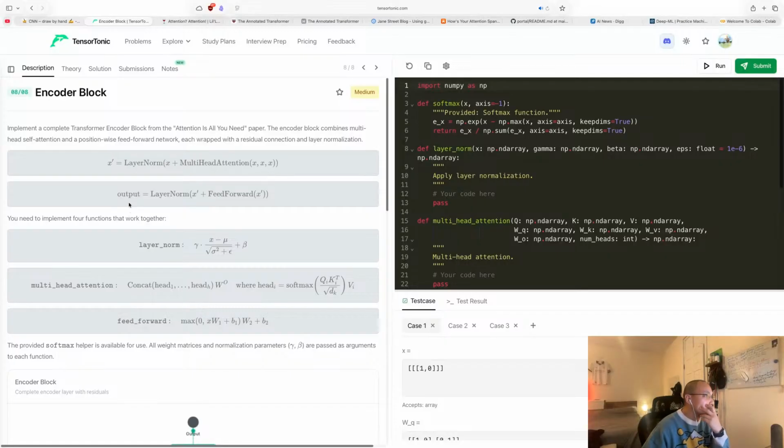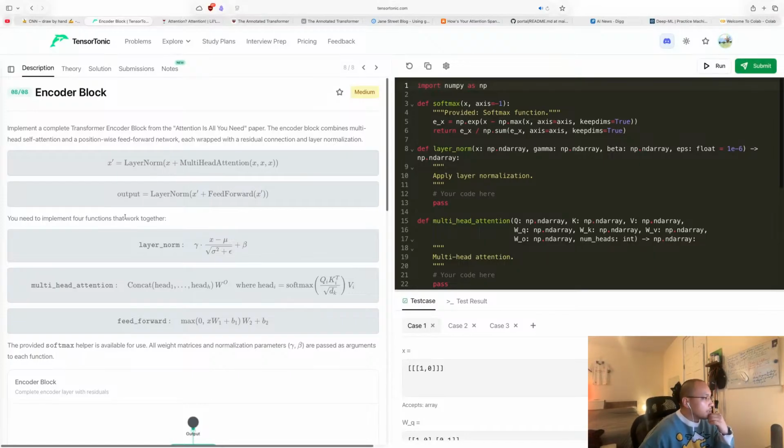Okay, and the output is layer norm of, I see, so x prime is not the final output. I just completely lied. So output equals layer norm of x prime plus feed forward of x prime. Okay, so this one adds the residual before the vector goes inside, right?